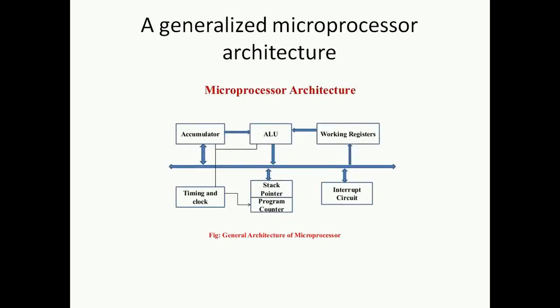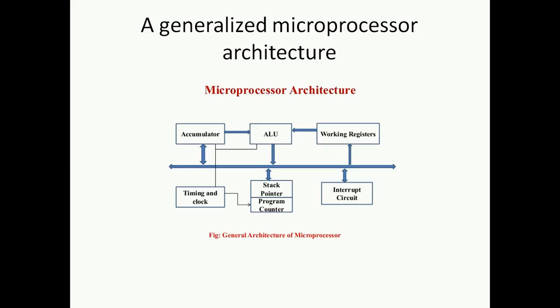Here you would see a generalized architecture of a microprocessor. Okay, so in general, I have shown what a microprocessor looks like. In the upcoming videos, we will get into much better detail. But for now, this is what a modern microprocessor has.